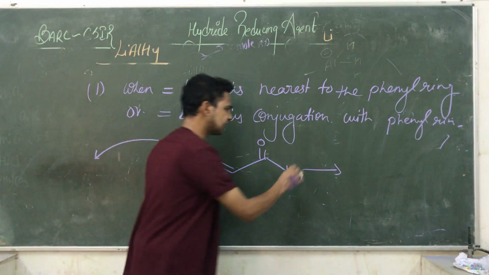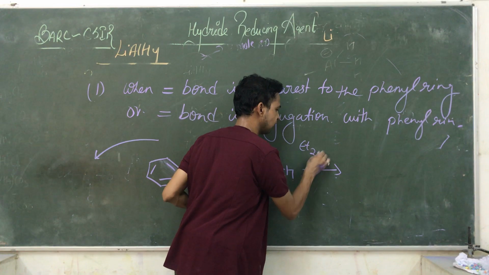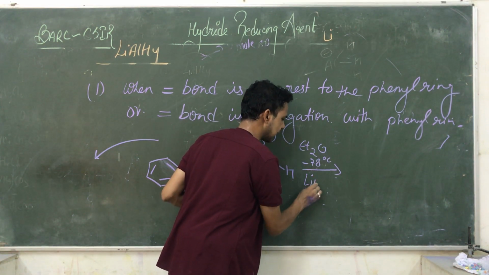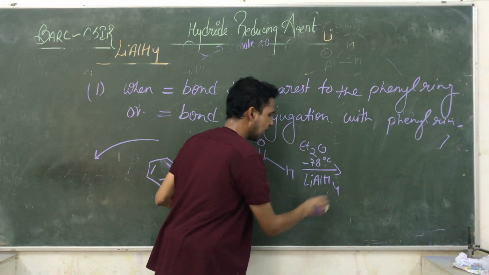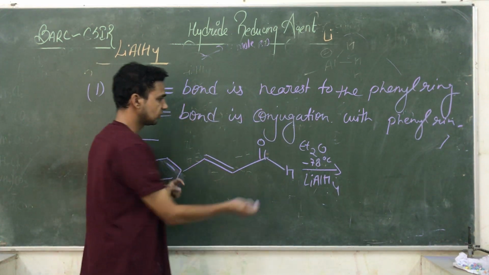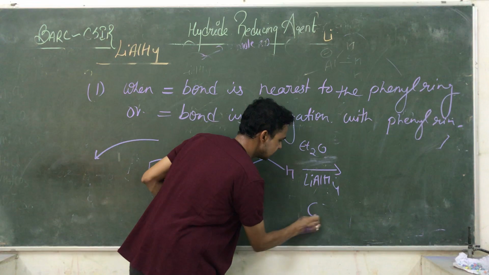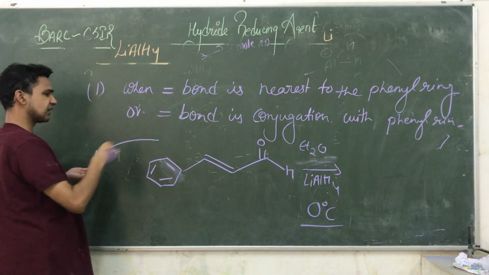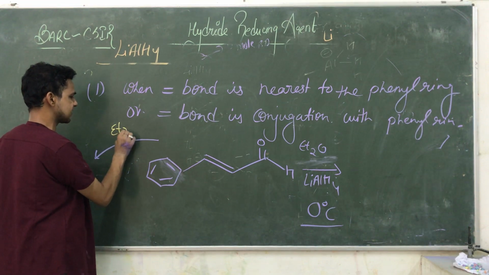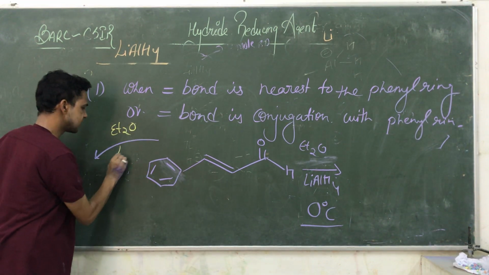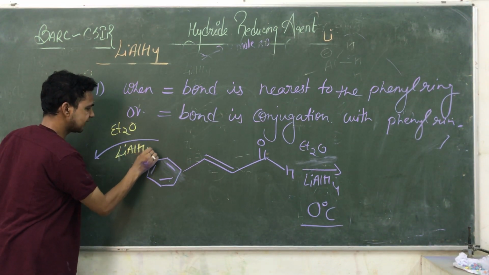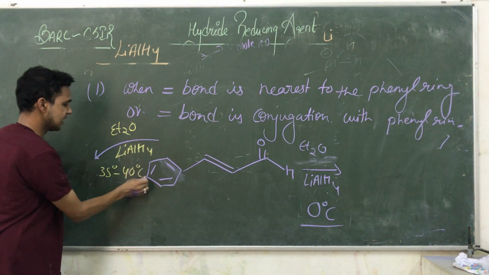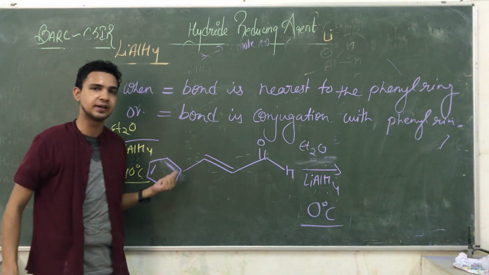If the reaction takes place in the presence of ether at minus 78 degrees Celsius by taking LiAlH4. Okay, so we are taking temperature here 0 degree. The next condition, when the same reaction takes place in the presence of ether by using LiAlH4, but temperature is fluctuating 35 to 40 degrees Celsius. That temperature is known as the ambient temperature.